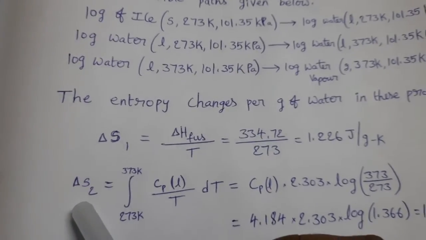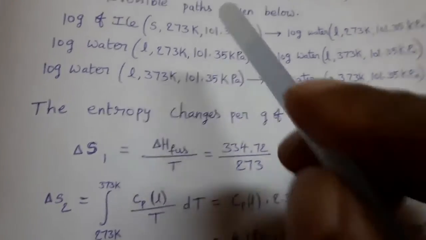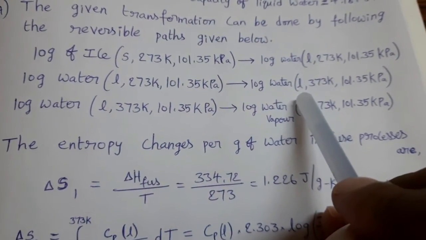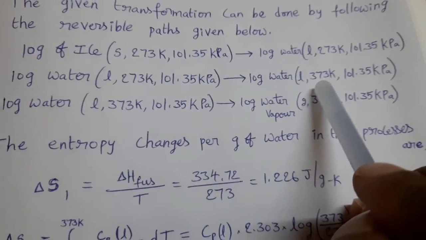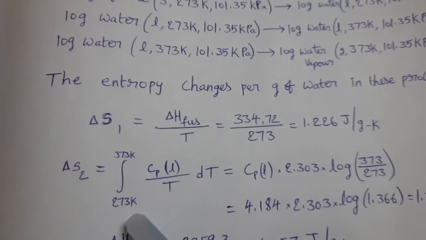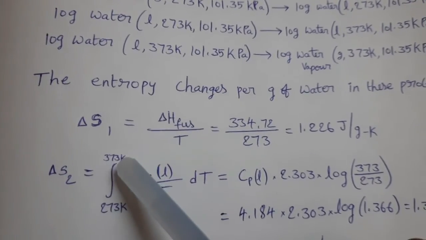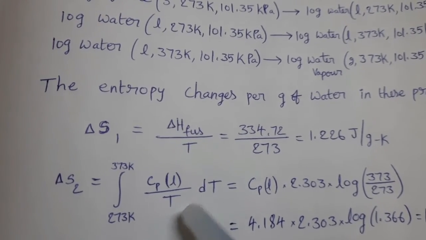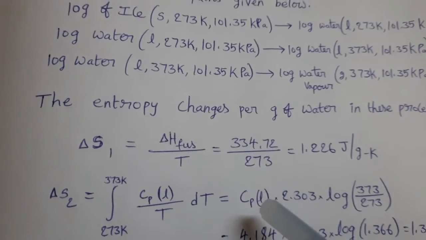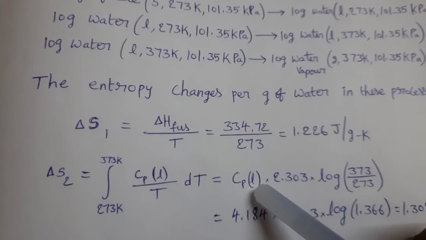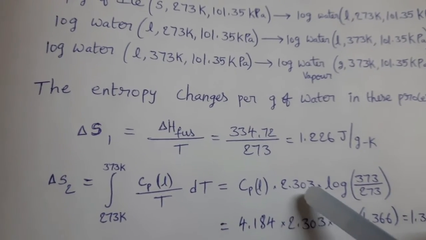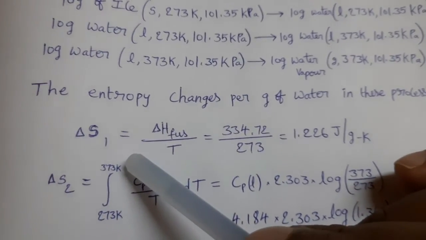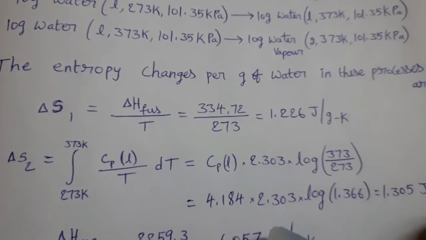Next, change in entropy delta S2. Here the physical state of the substance remains the same but temperature is increased. So the integral from 273 Kelvin to 373 Kelvin of Cp of liquid divided by T into dT. Here Cp liquid is a constant value, into 2.303 into log of this temperature divided by this temperature.